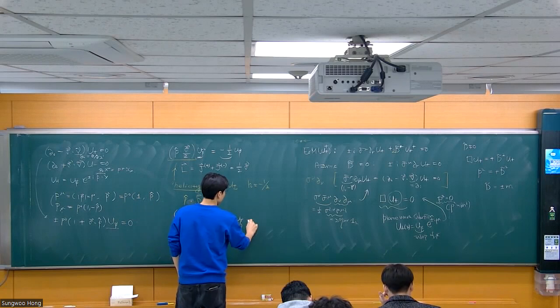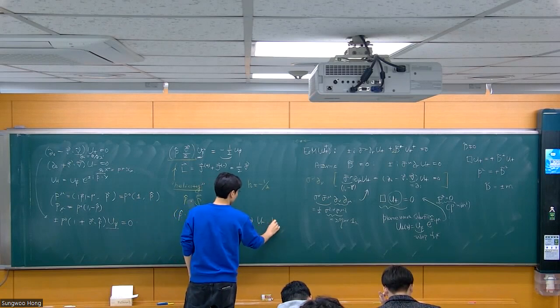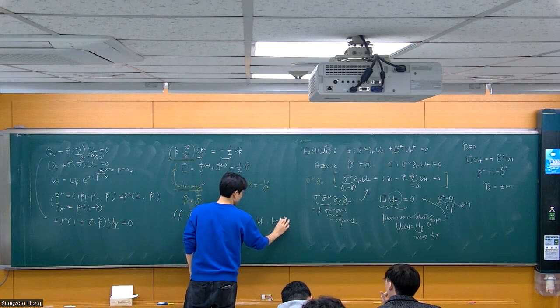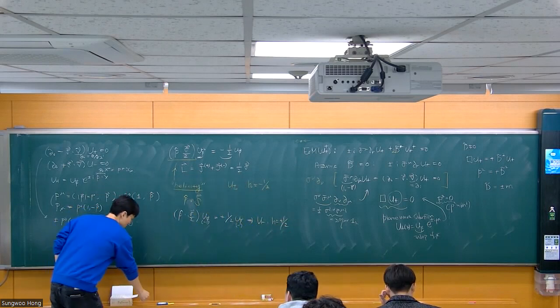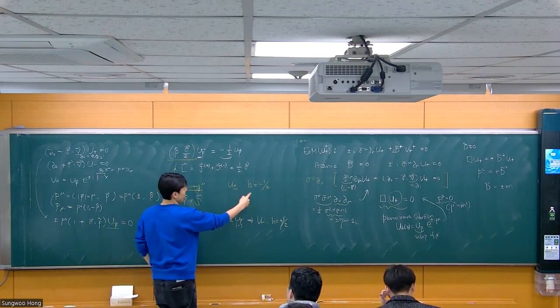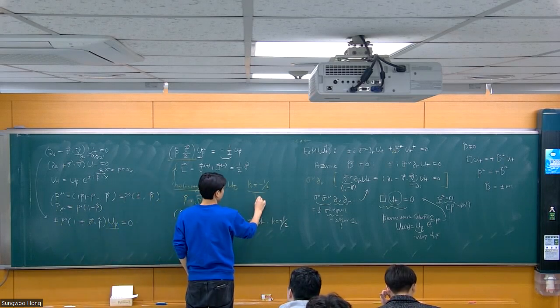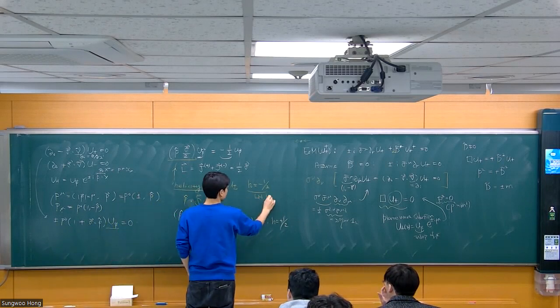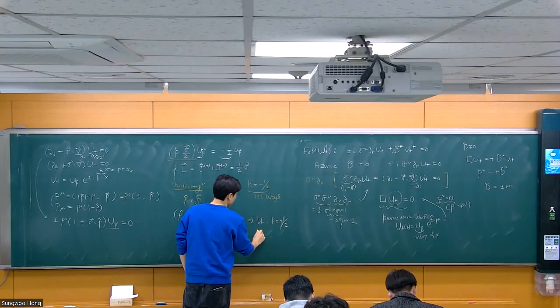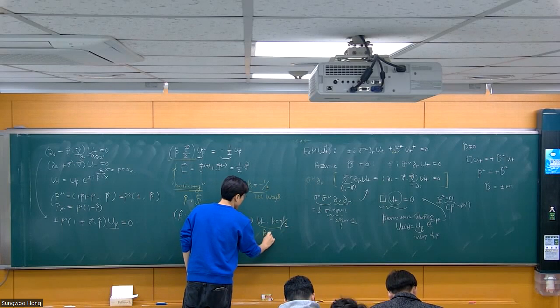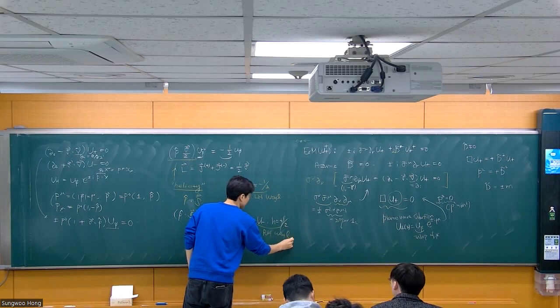So we learned that a state with minus half helicity is called the left-handed fermion, and the one with plus half we call the right-handed fermion.